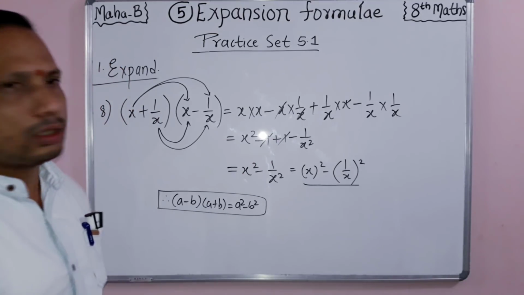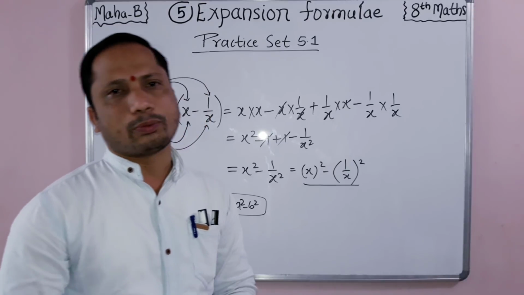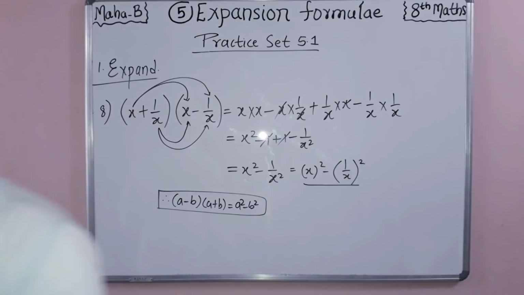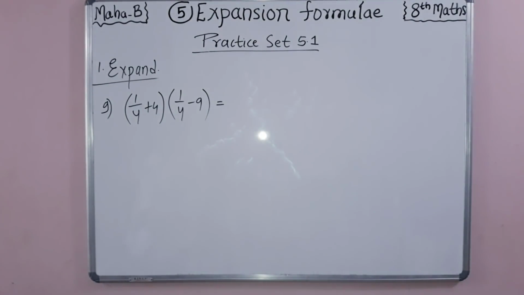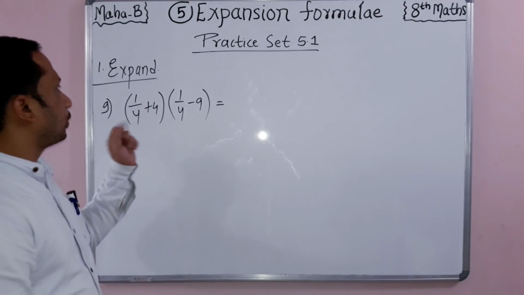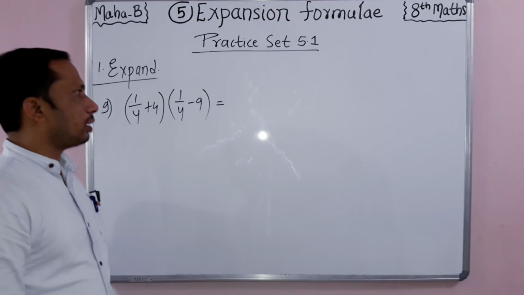Okay students, and now we are going to solve the last example of the practice set, and that is the ninth example. Okay student, this is the last example of practice set 5.1. 1 upon y plus 4 and 1 upon y minus 9.